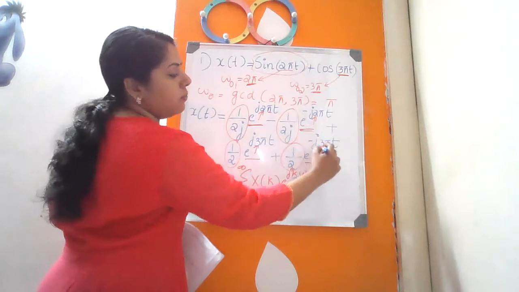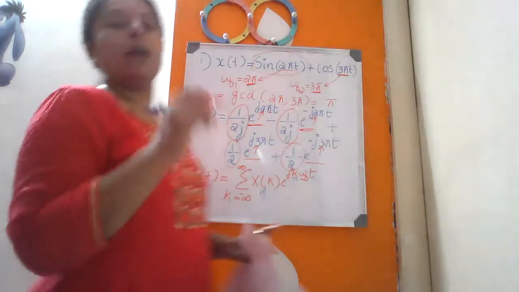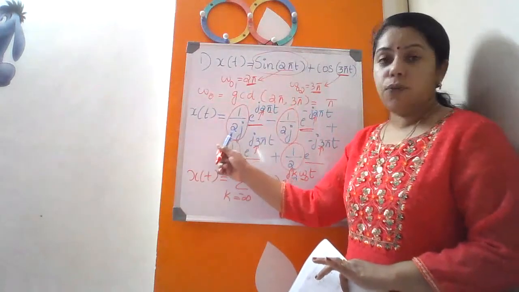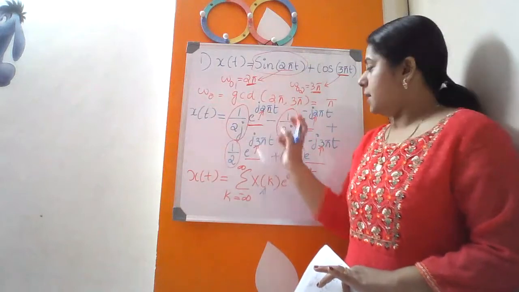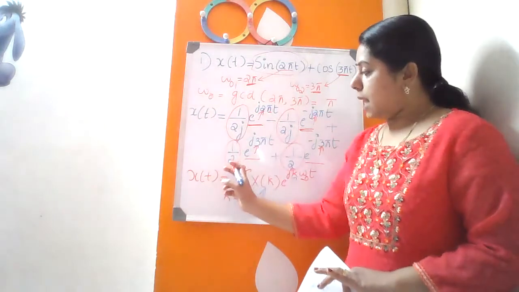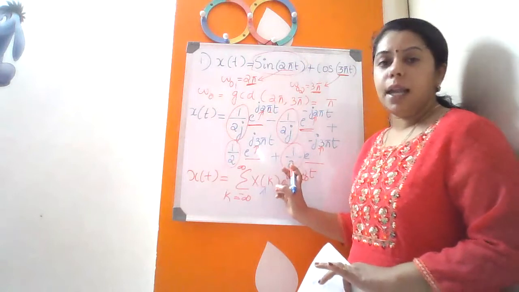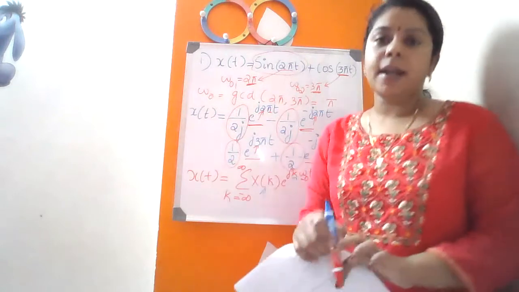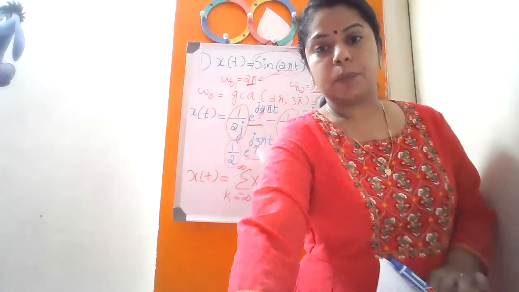The k value of the fourth term is minus 3. So whatever equation we wrote, this is for capital X of 2, this is capital X of minus 2, this is capital X of 3, and this is capital X of minus 3. From this, we can directly write the Fourier series coefficients as the following.